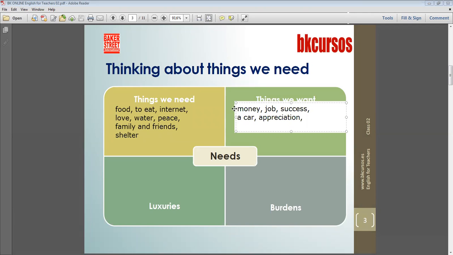Listen, we have the verb to want. Everybody knows that verb, but we also have another verb if we really want something, like appreciation. We have the verb to crave. That's when somebody really has an excessive want for something.